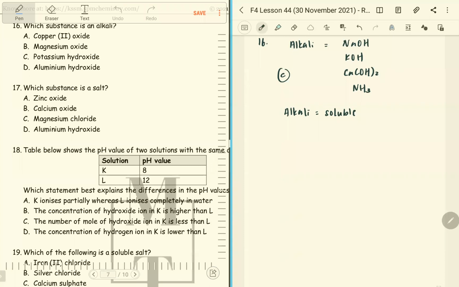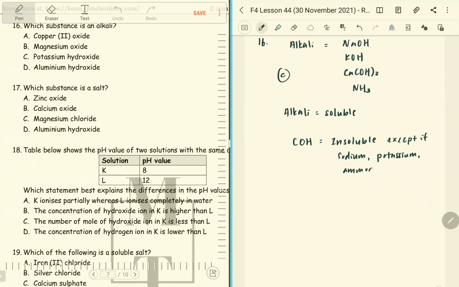So go back to our chapter, our source chapter. All of them are not soluble, except if they have sodium, potassium, or ammonium. Sodium salts, potassium salts, or ammonium salts.